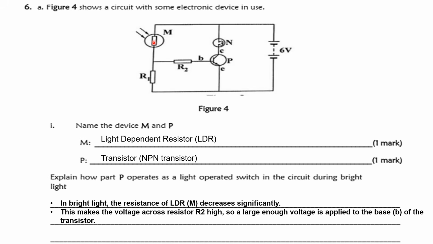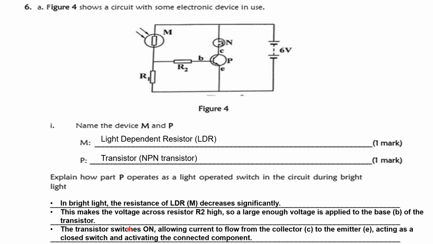First, the resistance of the LDR must decrease. That will lead to an increase in the voltage across resistor 2, so much so that a large enough voltage is applied to the base of the transistor. The base is this part here. So then the transistor switches on.